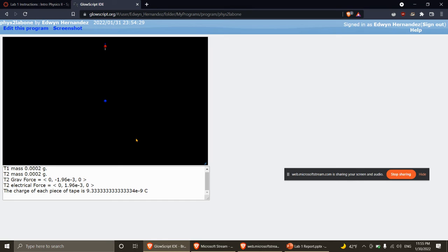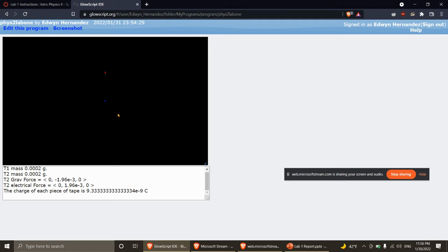Running this program, we see that there's our circle here. Why is our circle tiny? So here are the circles. They should have been bigger. T1 and T2 are the masses. The gravitational force of the second tape is this bottom one here, the blue dot.